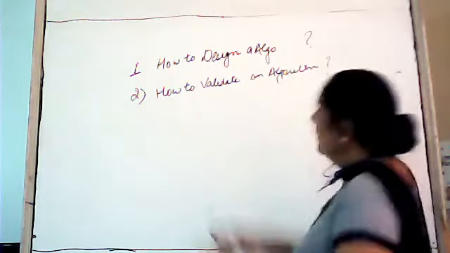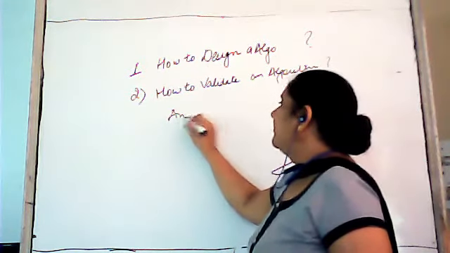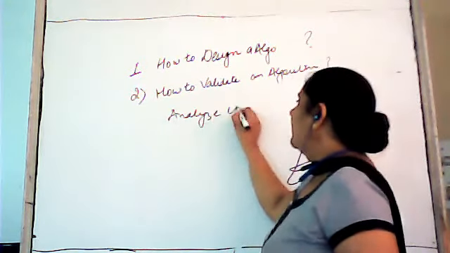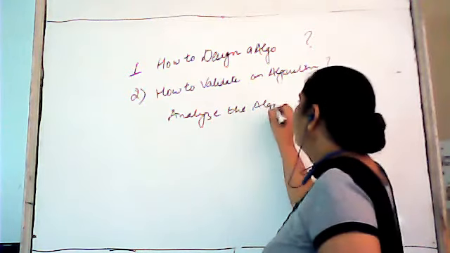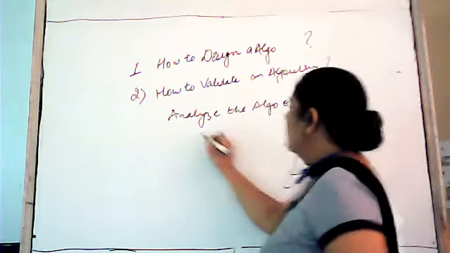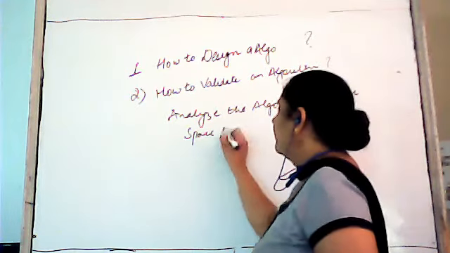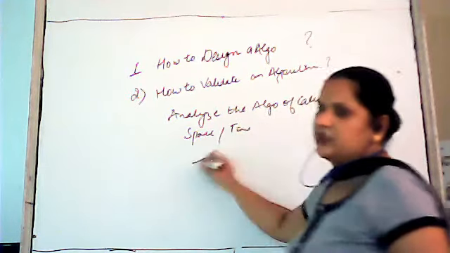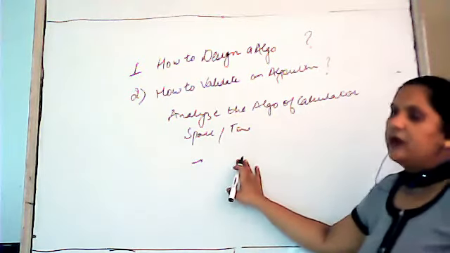Sorry, before validating, we have to analyze the algorithm of the calculator in terms of space and time. How much space it is consuming and how much time it is taking to execute.